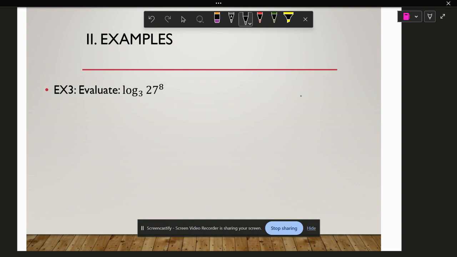The first thing is to use the one property that we talked about, where log base b of b to the x is equal to x.